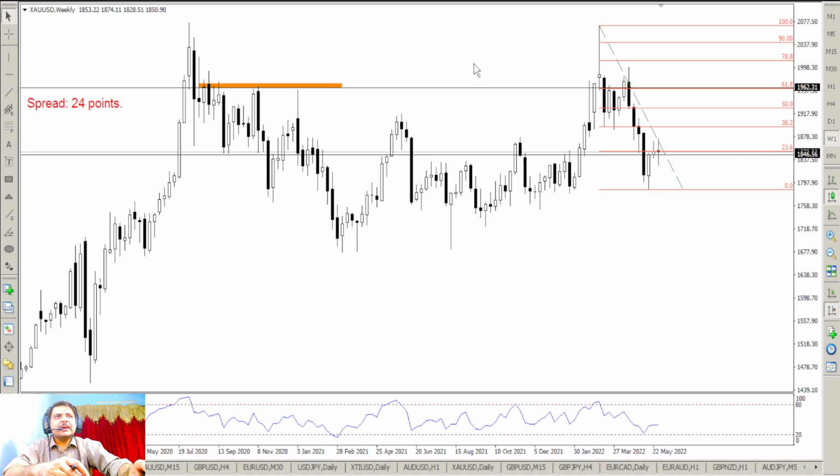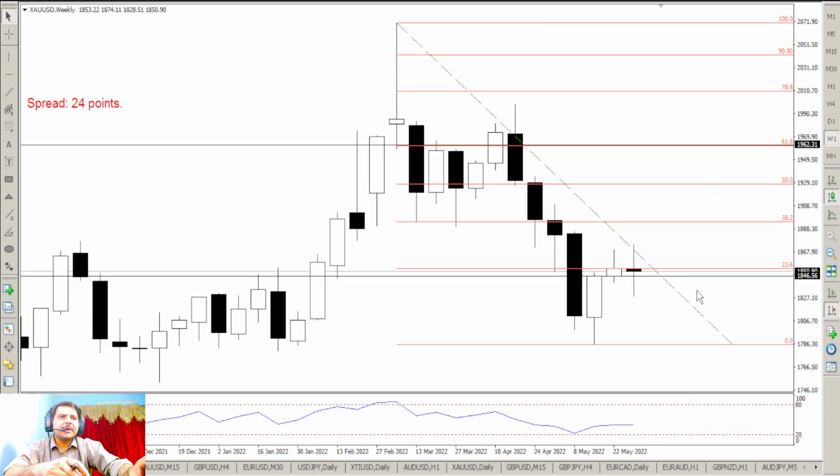And the candle that closed last week, let me zoom in. Actually, I said it's bearish, but well, a very tiny bearish. I shouldn't say this is bearish because it didn't even close below the low of the previous week.